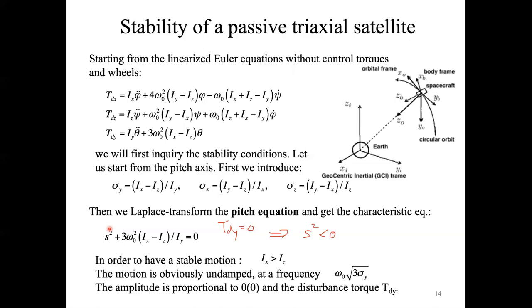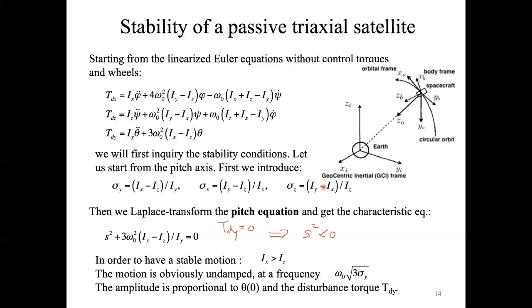Because we know that if s is a real number, there will be a positive and a negative value. So we have to be careful that there will be an imaginary number, and so basically that our response will be cosine and sine terms.